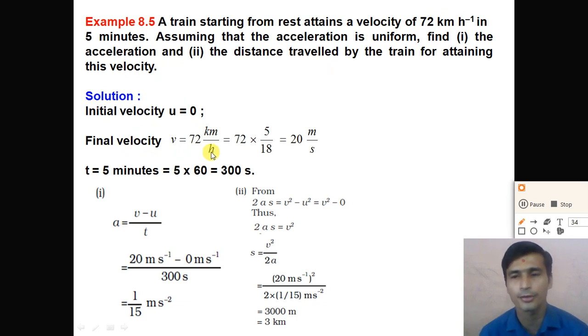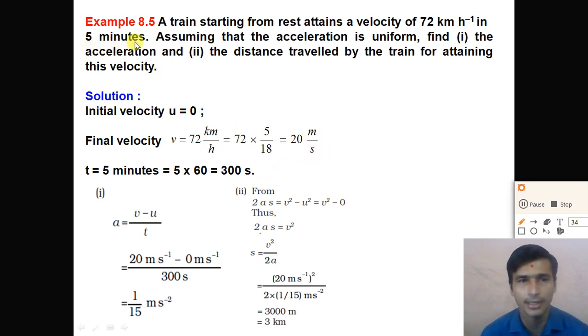We need to convert this 72 kilometer per hour into meter per second. How do we convert kilometer per hour into meter per second? By multiplying by 5 by 18. So 72 multiplied by 5 divided by 18, we get 20 meter per second.